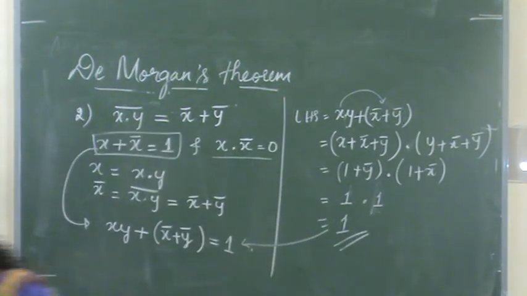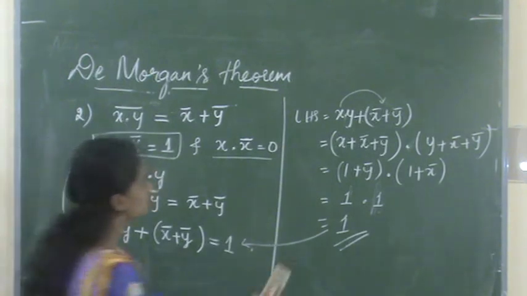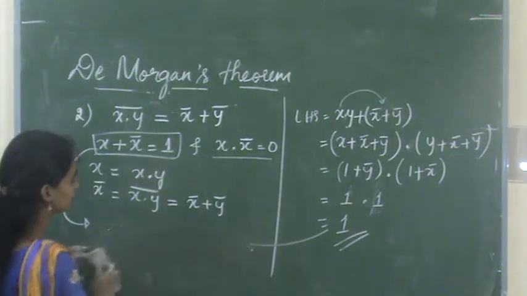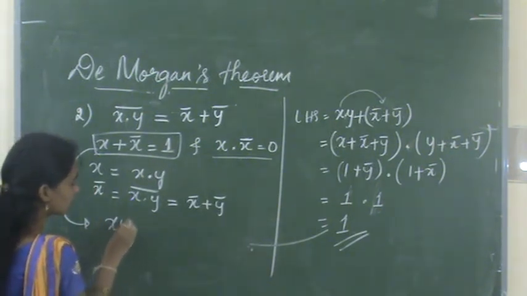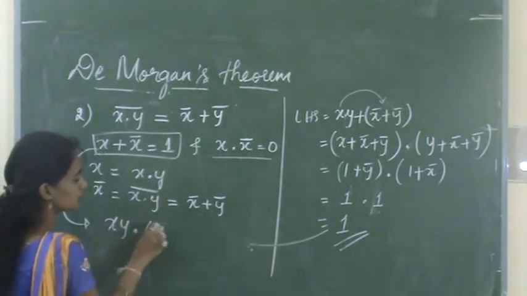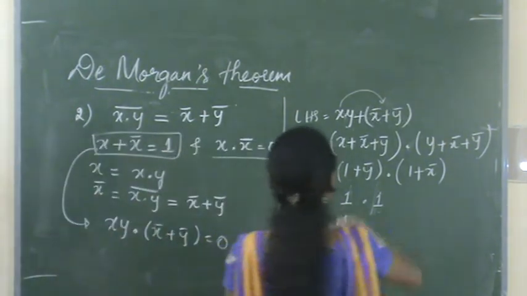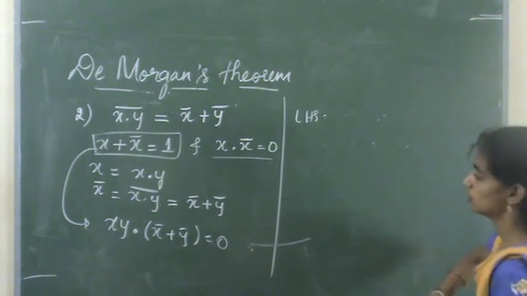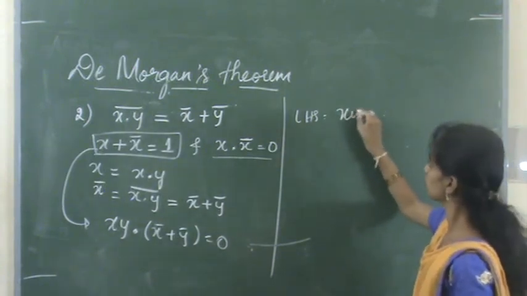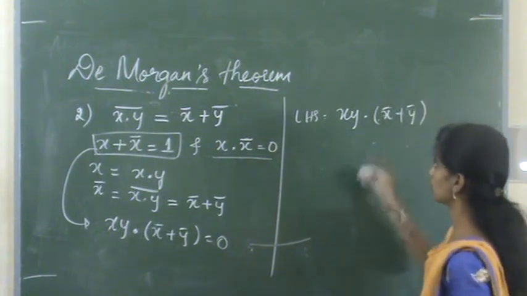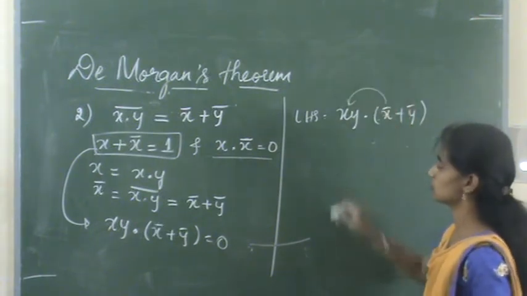Okay. So now take the other condition. So that is this, right? So xy into x bar plus y bar is equal to 0. So now take only the LHS part. So that is xy into x bar plus y bar. So now multiply this with this.